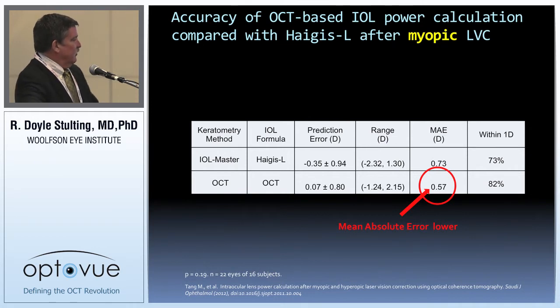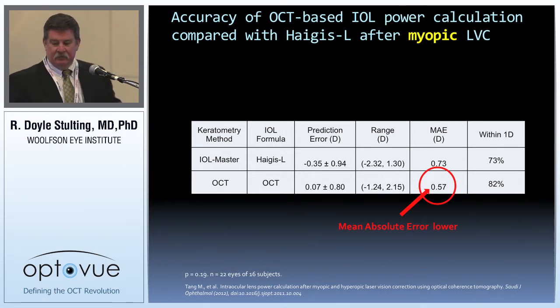It looks at the prediction of IOL power using an IOL Master and all of the formulas that were associated with the IOL Master, selecting the best of those, which was the Haigis, comparing it with the OCT after myopic laser vision correction. The mean absolute error was significantly lower for the OCT than it was for the IOL Master.